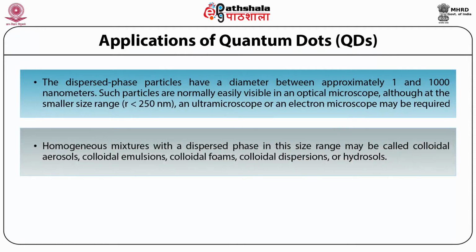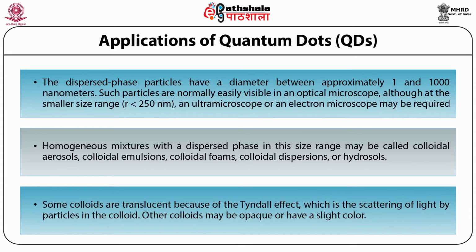Homogeneous mixtures having a dispersed phase of such dimensions are usually termed colloids: aerosols, emulsions, foams, dispersions, or hydrosols. The surface chemistry directly affects the dispersed phase particles. Some colloids may be translucent because of the Tyndall effect, or opaque or slightly colored.